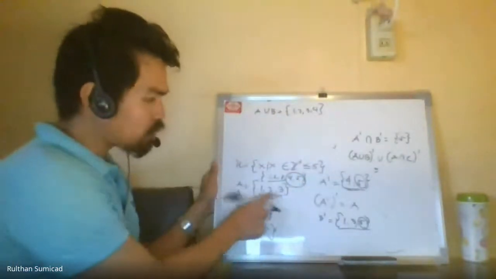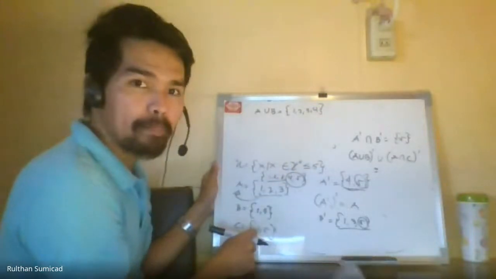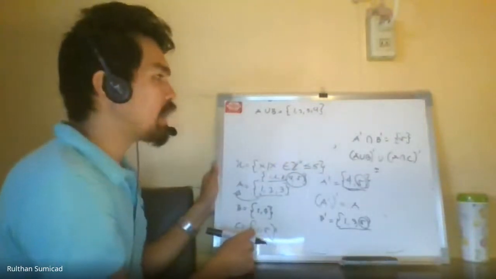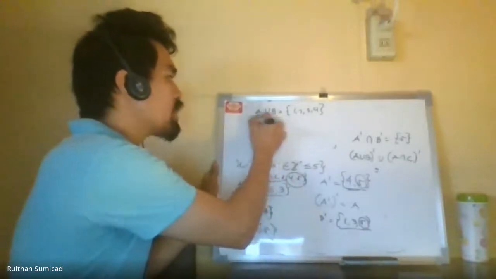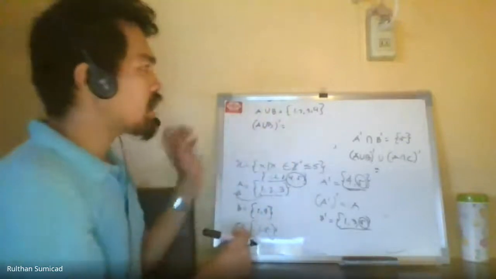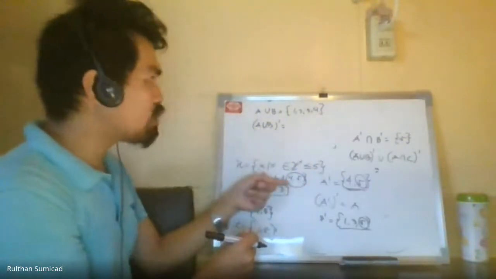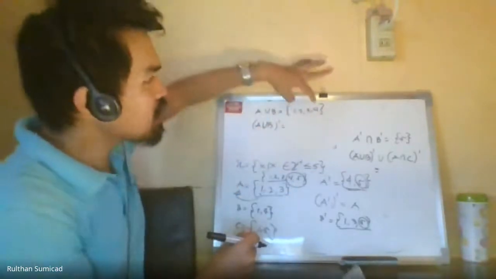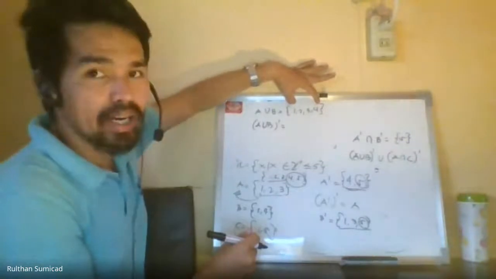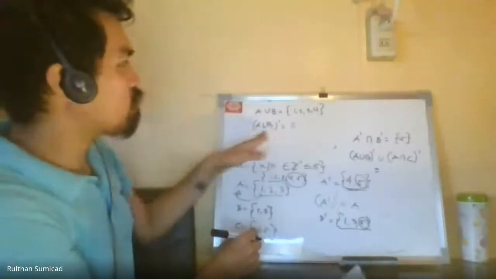Between these two sets, 1, 2, 3 and 2, 4, your union is 1, 2, 3, 4. Then A union B complement is referring to the elements from the universe that are not found in here. So what are the elements of the universe aside from these 4 here? We have 5. Okay, we resolved already this one.